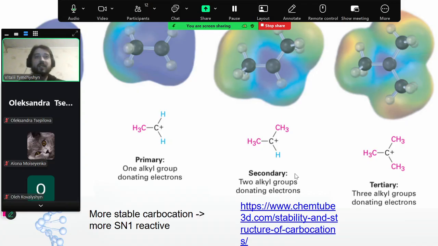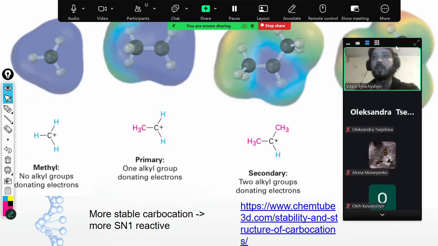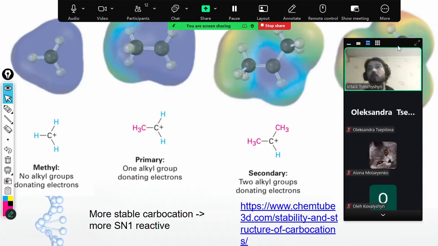I'm trying to get in time. Okay, so I already told you that the SN1 reaction strongly depends on the first step, the loss of the leaving group.